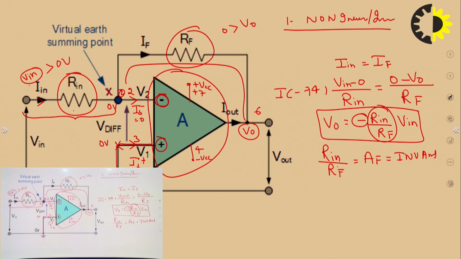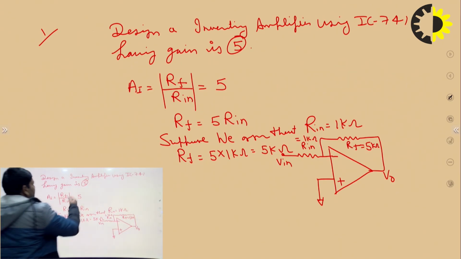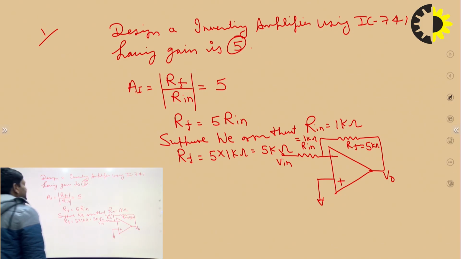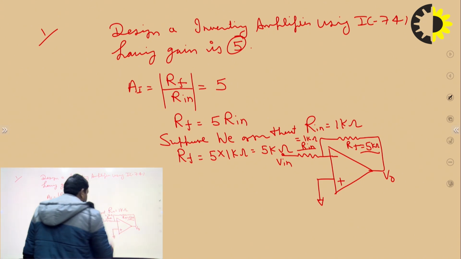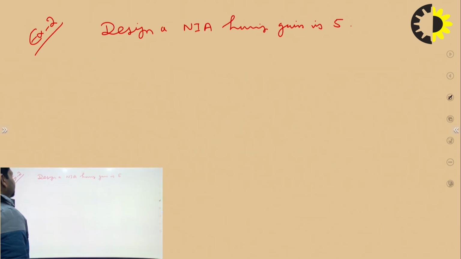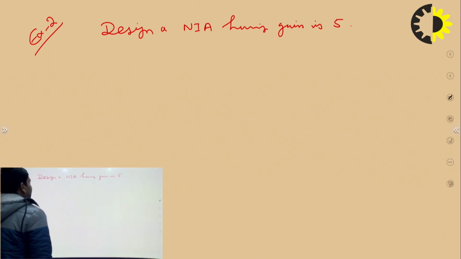In the previous question we designed an inverting amplifier using the IC741 having a gain of 5, with a feedback resistance of 5 kilo ohm and an input resistance of 1 kilo ohm. The same example we utilize if we use a non-inverting amplifier.